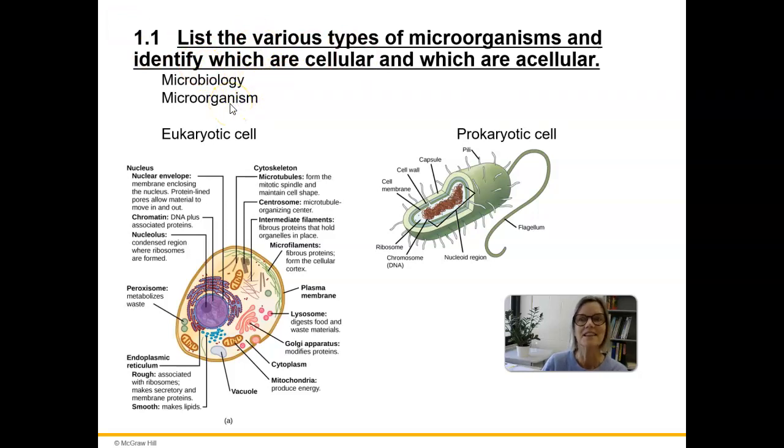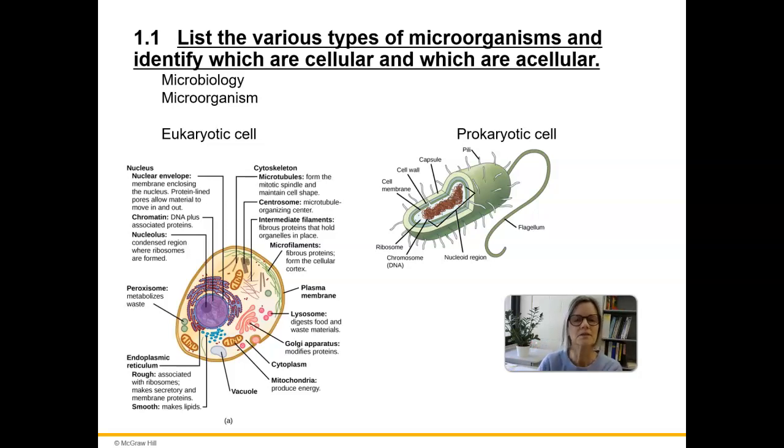A microorganism is the living thing that's studied by microbiologists, so living things that are too small to be seen without a microscope. But we also have non-living things that we still call microorganisms, which a microbiologist would study. So we also have some acellular infectious agents that we would consider microorganisms. Right now you might be thinking of viruses, if you know that viruses are non-living.